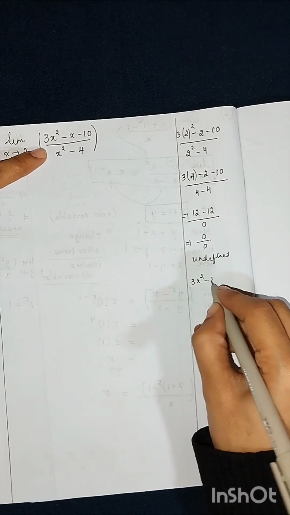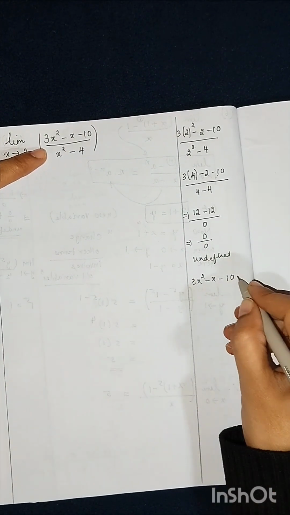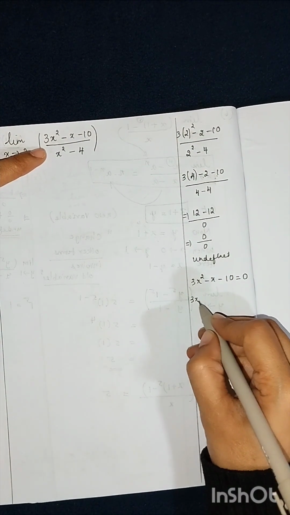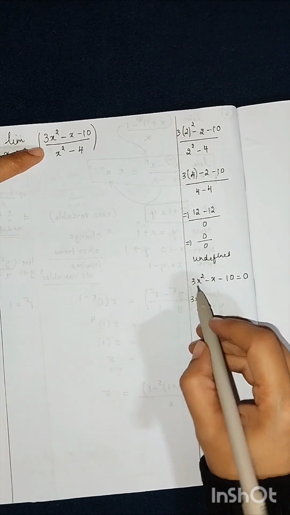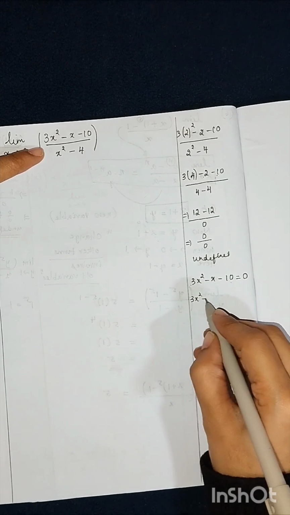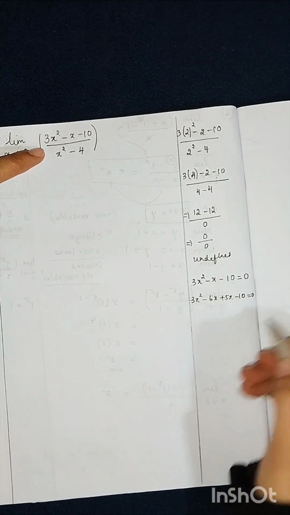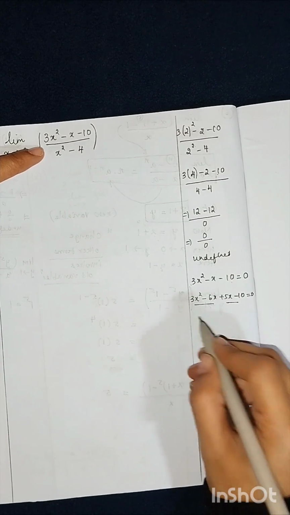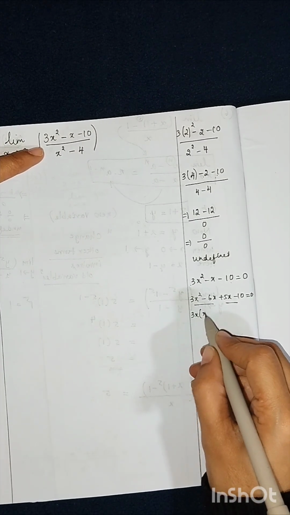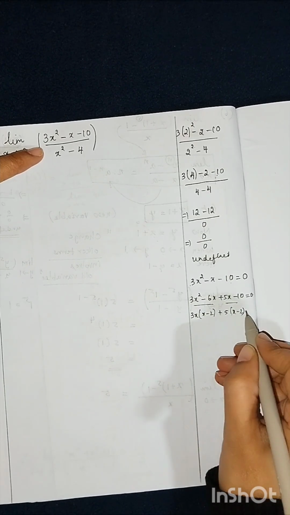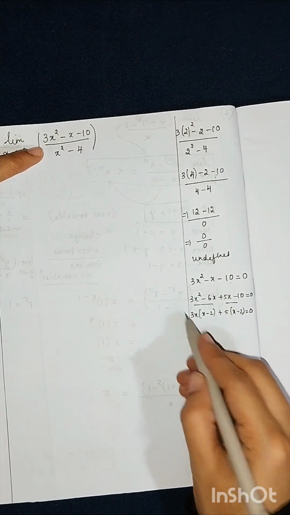3x square minus x minus 10, we will equate it to 0. Now if you solve this, 3x square, we will factorize this: minus 6x plus 5x minus 10 equal to 0. Now you take 3x common, and 5 common, into x minus 2, which is the distributive law.